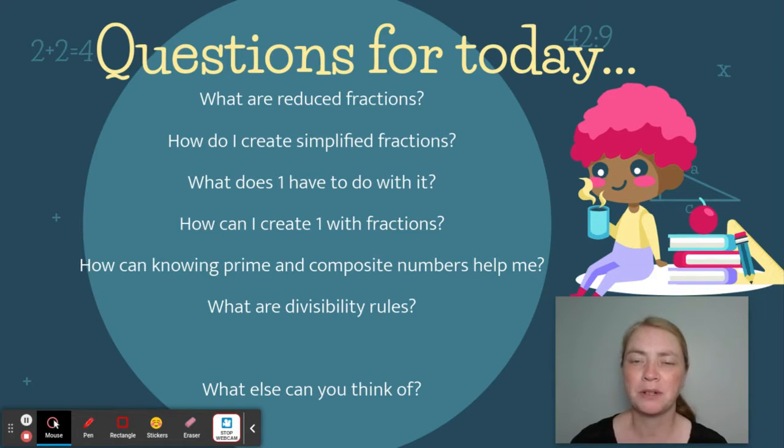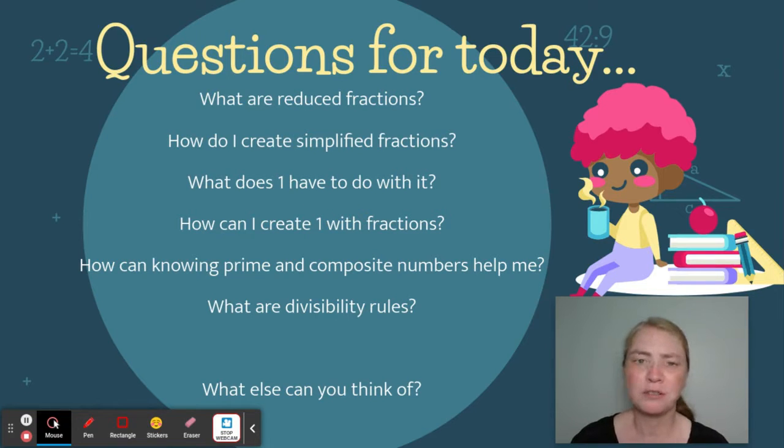So prime numbers are numbers that have factors of only one and itself, and composite numbers are pretty much all of the rest of the numbers. So if you know what prime numbers are, especially if prime numbers are in the numerator, you won't have to search for a common factor as much. What are the divisibility rules?